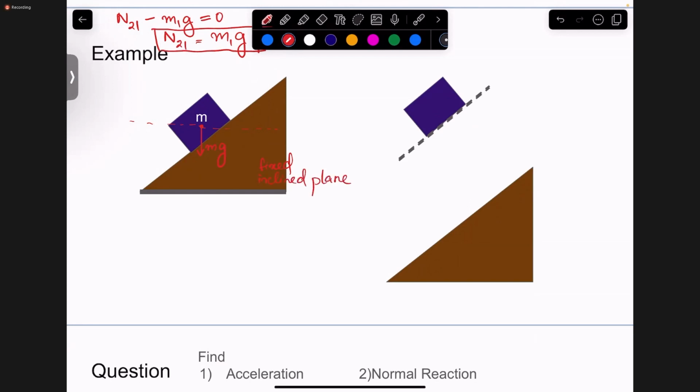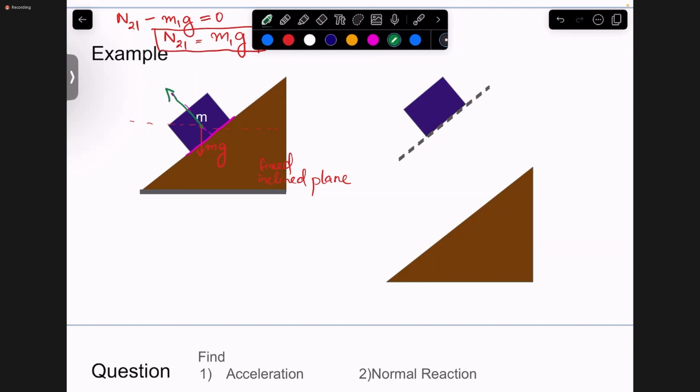Now you need to know what forces are acting on this object. This is the contact surface, like this. The normal reaction is always perpendicular to the contact surface. So if you want to draw N, it will be like this.